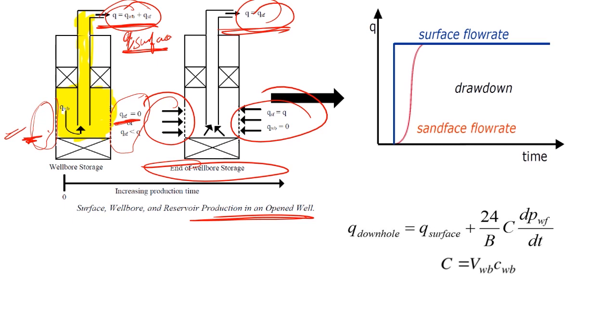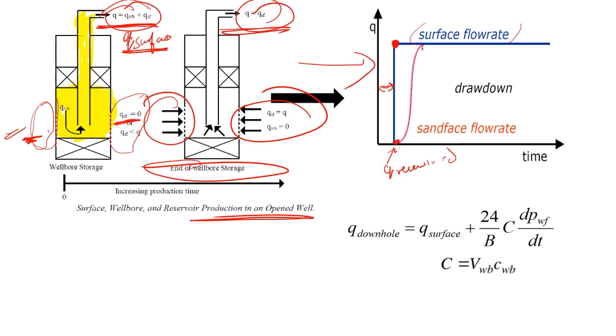Now let's look at this graphical representation. You can see that after some period of shut-in, I have started producing at the surface. From the reservoir, or the sand phase, my Q reservoir is 0 when I'm getting the surface flow rate.